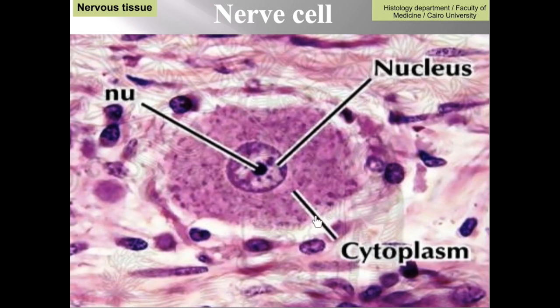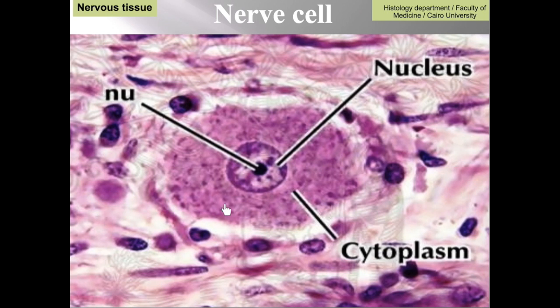The cell body is called the perikaryon as it surrounds this nucleus, and the nucleus is the karyon. This is characterized by a large, central, vesicular, achromatic nucleus with an evident nucleolus, and this reflects the active state of this cell.